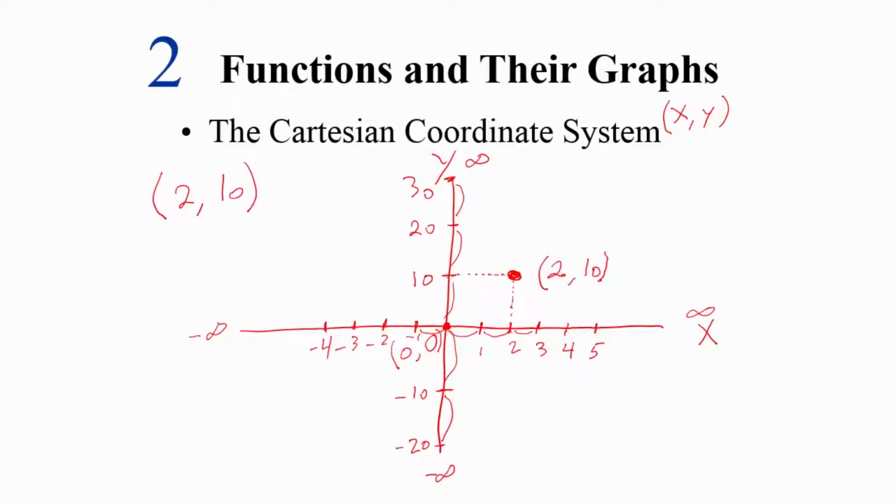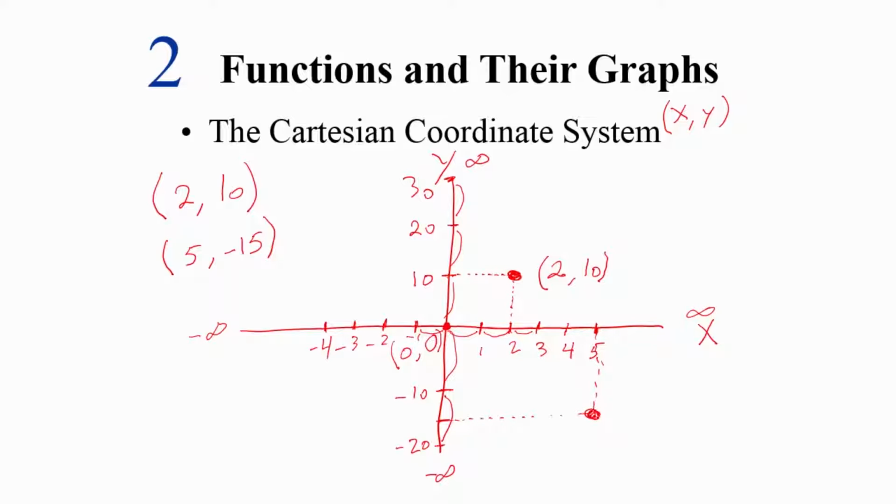Or if I ask you to find 5 and minus 15, for example, that means the x value is 5 and the y value is minus 15. X of 5 would be here. Minus 15 would be between 10 and 20.